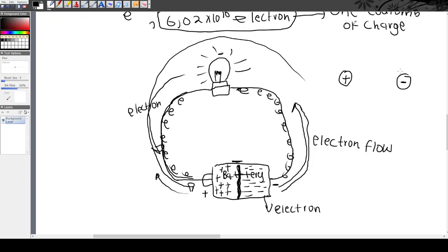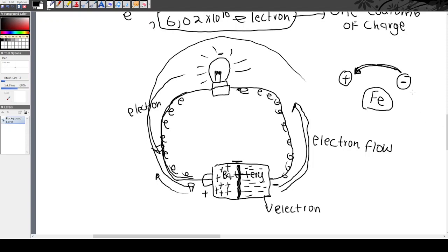So if an electron can feel the presence of a positive charge, it will want to move from the negative point to the positive terminal. That's the behavior of charges: a negative charge is attracted to a positive charge, by Coulomb's law or the electrostatic force. That's what I'm trying to say, because I'm trying to make this simple.